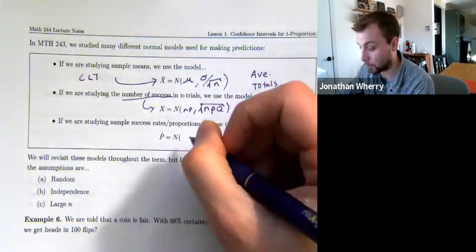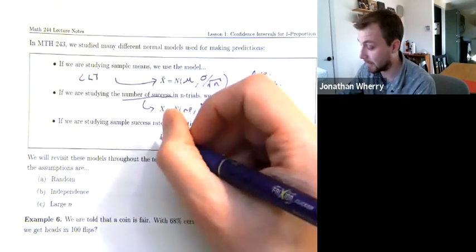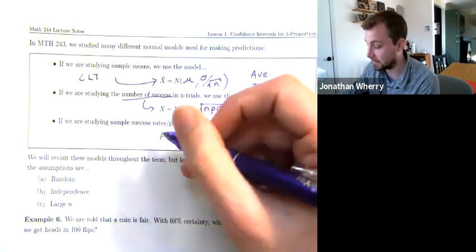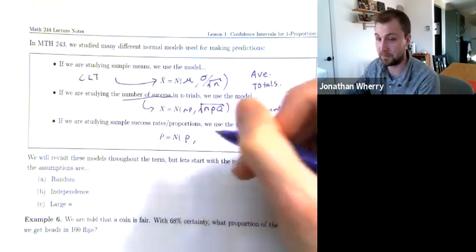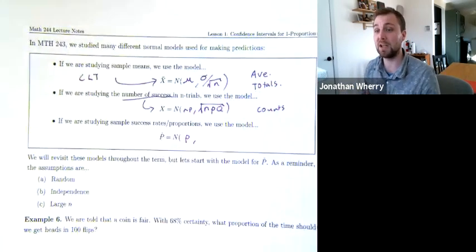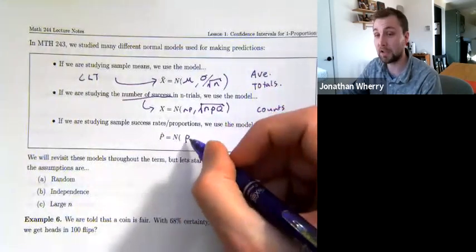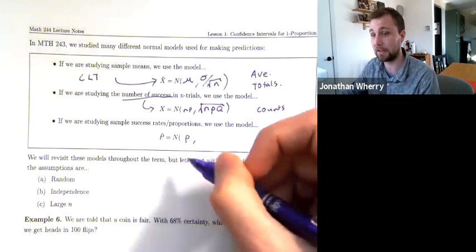And the last model that we'll be working with, and I'm going to be using this one a lot today, is my sampling model for my sample proportions. It says my sample success rate should look like my population success rate. I'm going to give you an example of that already. If I flipped a fair coin 200 times, I would expect my sample to get close to 50%, the population success rate.